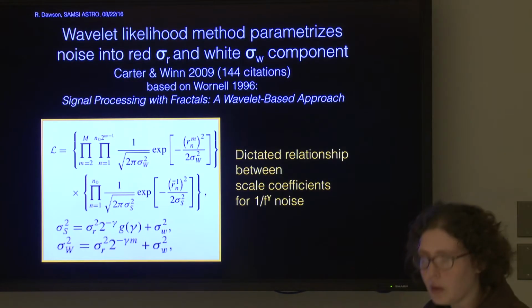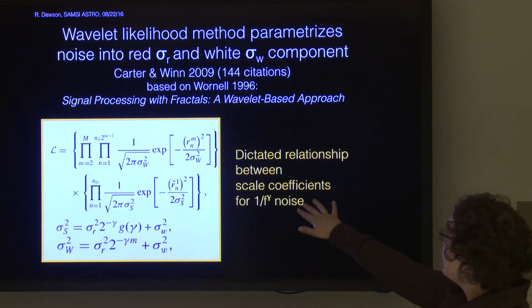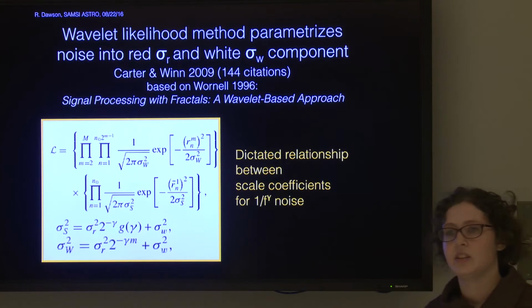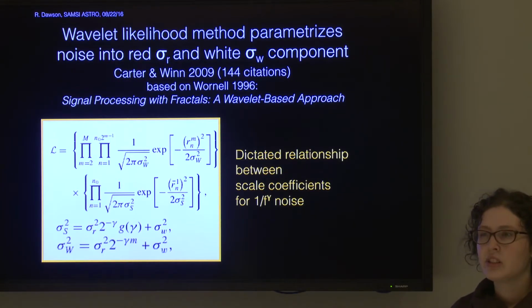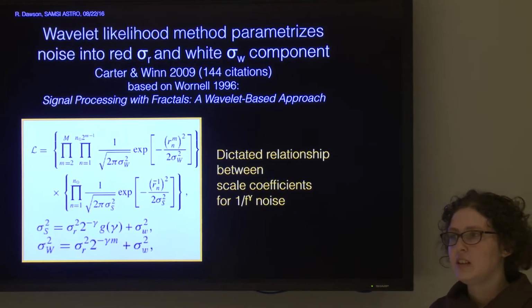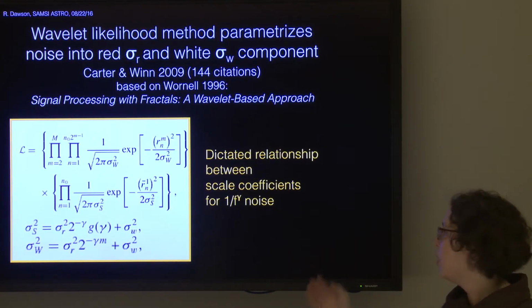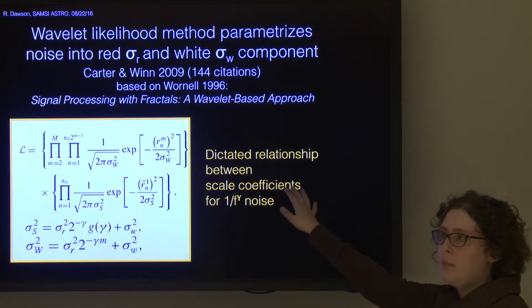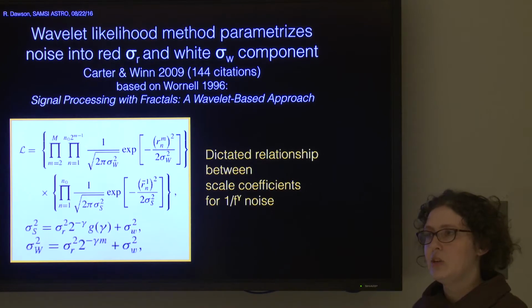So that's how people use the wavelet transform inside the likelihood to fit data sets. And for a long time, since 2009 to maybe a few years ago, this was the predominant way people were taking into account correlated noise, if they did so at all.